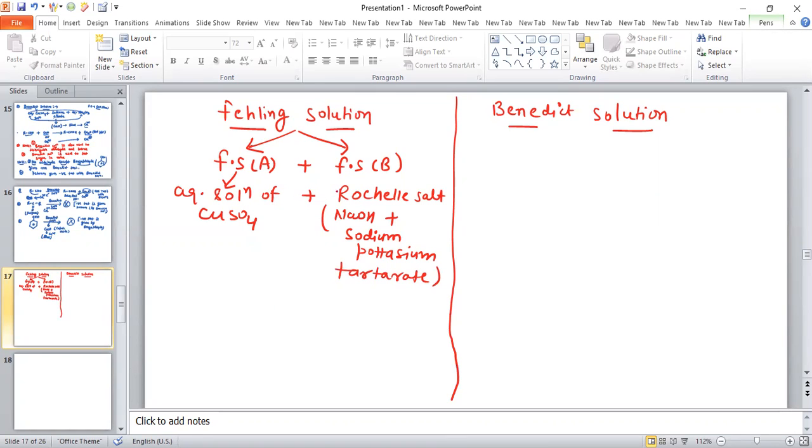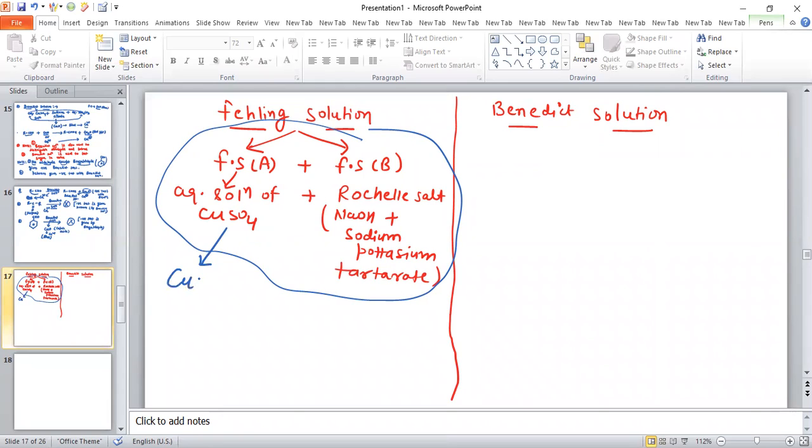Initially the color of this Fehling solution is blue. Initially the CuO oxide is there, which is cupric oxide, and this contains the cupric ion. So the color is blue.